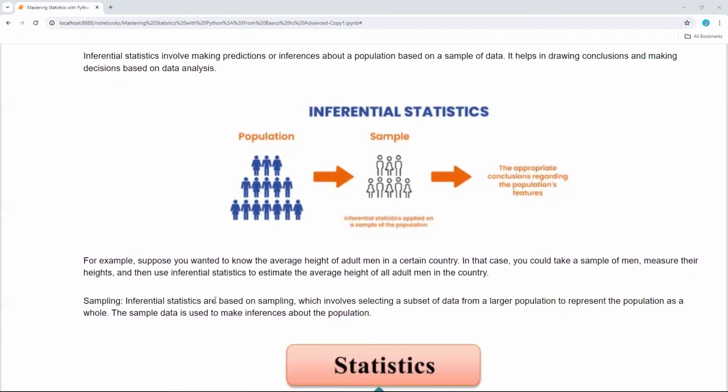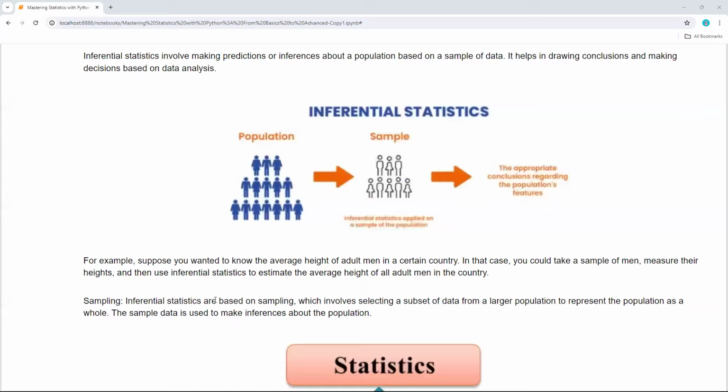For example, suppose you wanted to know the average height of adult men in a certain country. Let's take India. I want to look at the average height of adult men in the entire country. I cannot go to each and every person and take the data, right? That is impossible.